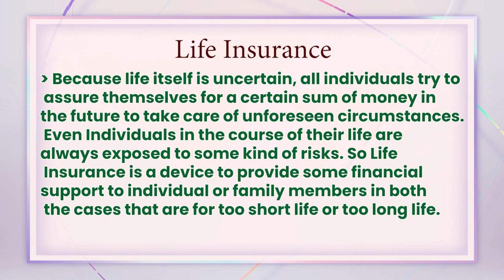Even individuals in the course of their life are always exposed to some kind of risk. So, life insurance is a device to provide some financial support to individual or family members in both the cases that are too short life or too long life.